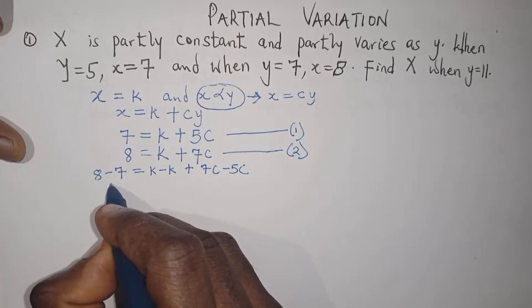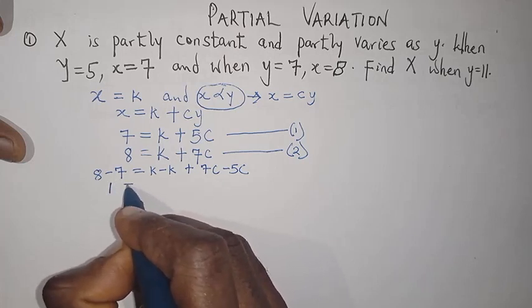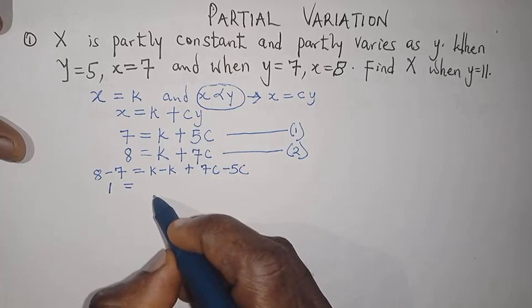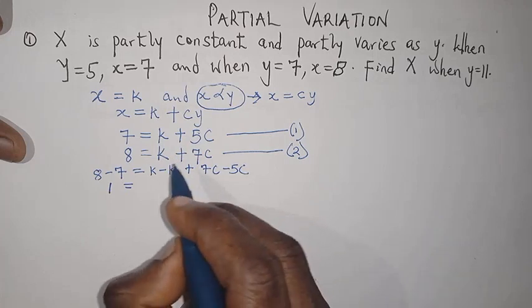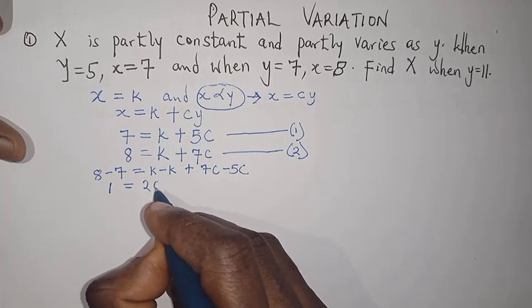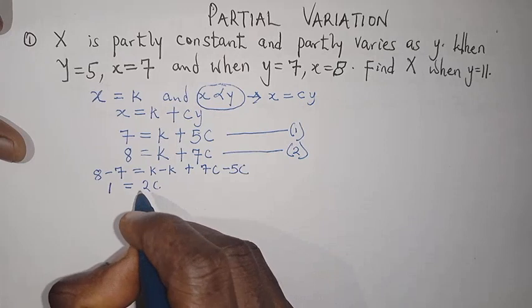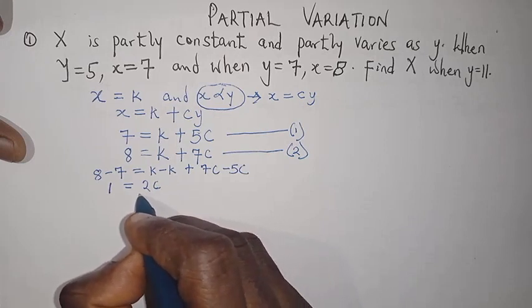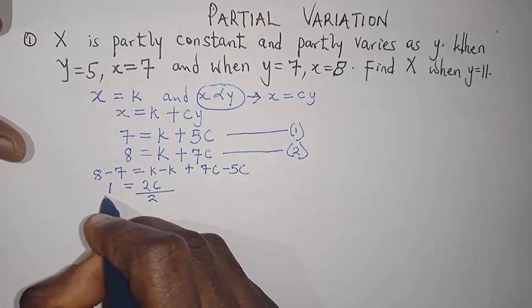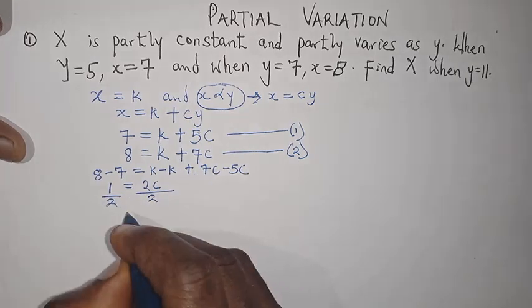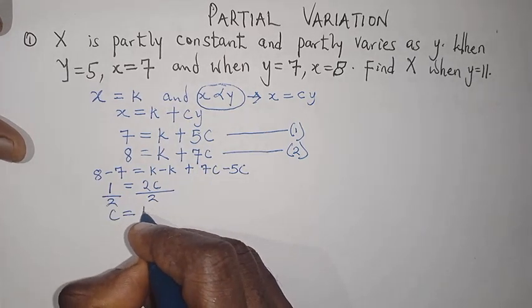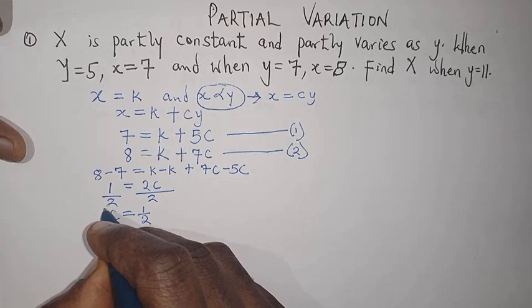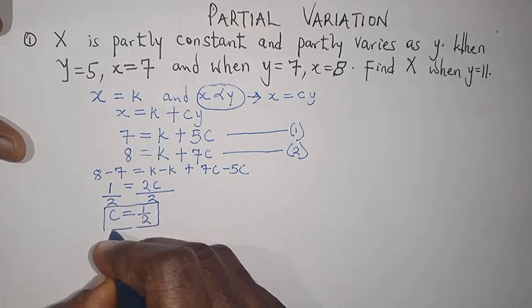So at the end of the day, we have 8 minus 7 equals 1. k minus k, they cancel out. Then 7c minus 5c equals 2c. Of course, I'm going to divide through by the coefficient of c. So c now is half. So we've gotten our value for c.